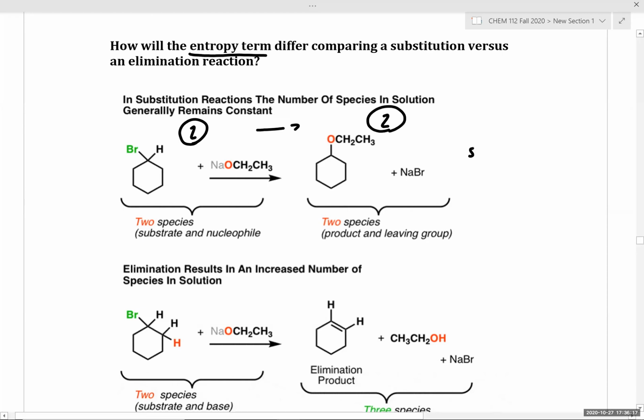Small, right? We're not really changing the number of molecules before or after the reaction. We're not generating any additional product molecules, any gaseous products, or an acyclic system compared to a cyclic system. So overall, we don't see a substantial change in reaction entropy.